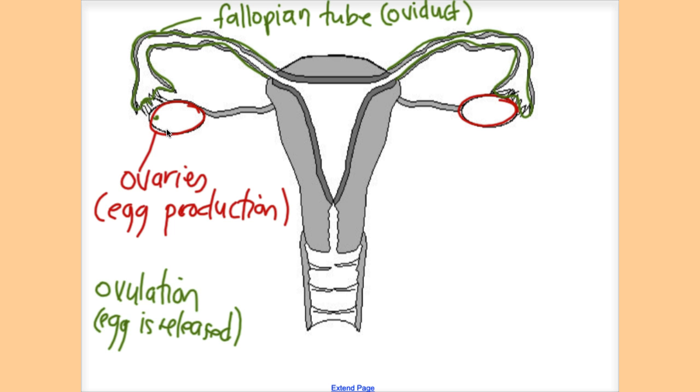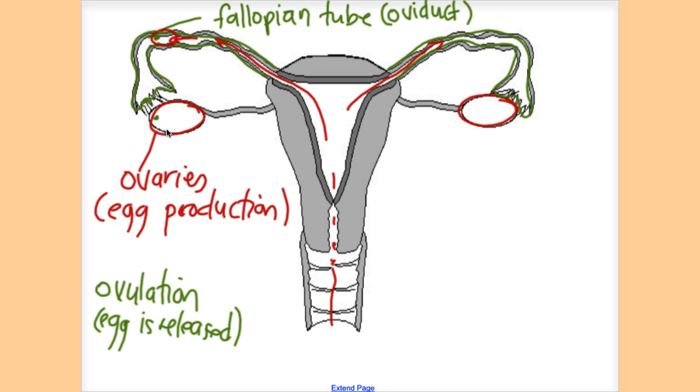The function of the fallopian tube, basically, is that here is where fertilization happens. Once the egg is released, it will travel through the fallopian tube or oviduct, and say sperms are deposited inside, they will swim all the way into the fallopian tube, and it will meet the egg right here, and that's what fertilization is all about.